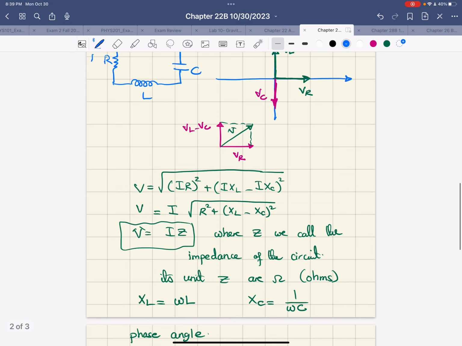Based on this, I have V equals the square root of (I R) squared plus (I XL minus I XC) squared. Then I can factor out the I, and from that I have V equals I Z. Now that Z, we call it the impedance of the circuit. It has units of ohms, as if it's the overall resistance of the circuit.